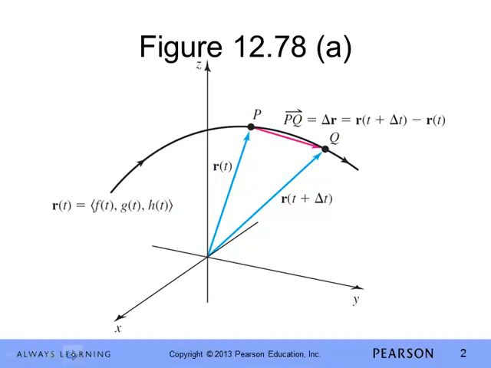And then let's go a little bit further down the curve by adding some increment delta t to t. So here is r of t plus delta t at point Q. So this vector r of t plus delta t points from the origin out to Q. And then you take a look at the vector that points from P to Q. And that's going to be delta r, which is r of t plus delta t minus r of t.